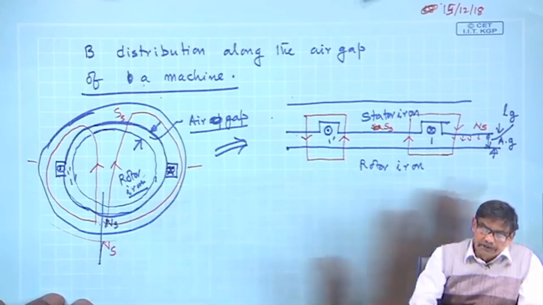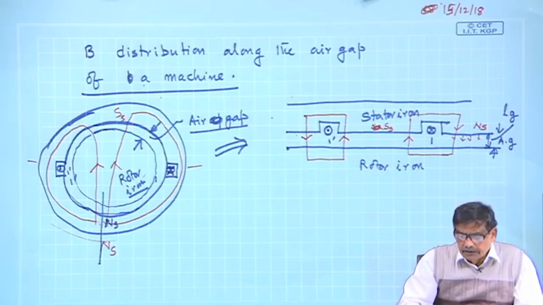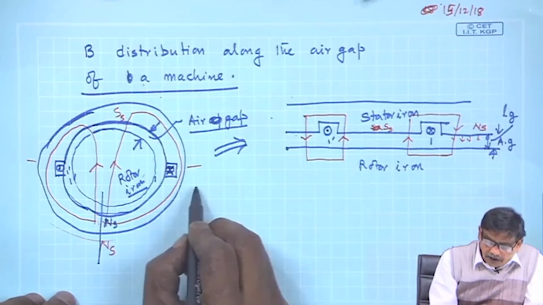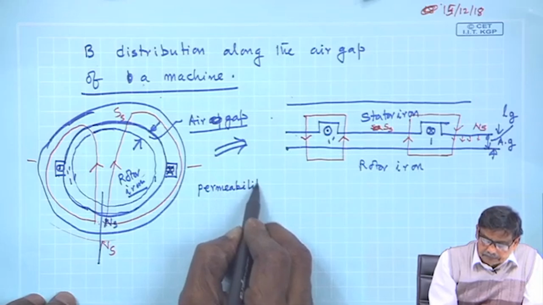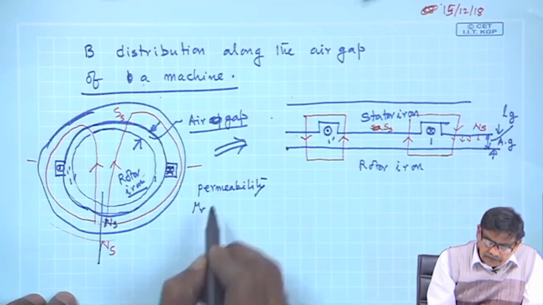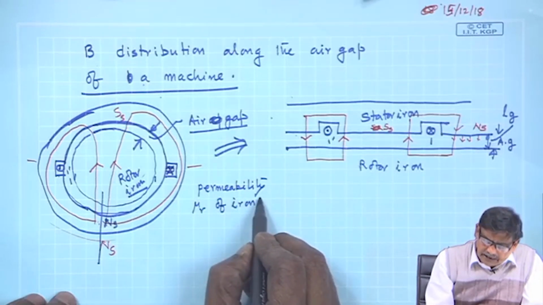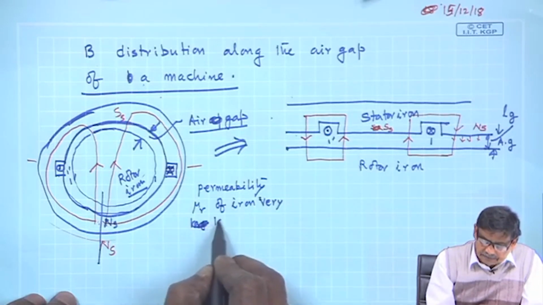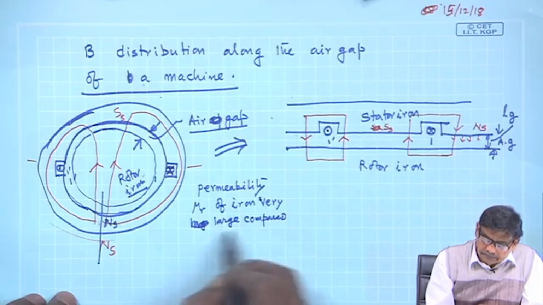Now, to find the B distribution along the air gap, we will first make some realistic assumptions. One is that the permeability of iron, that is mu r of the iron part, is very large compared to air.